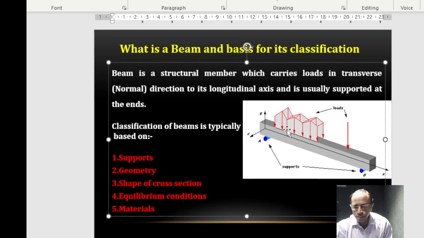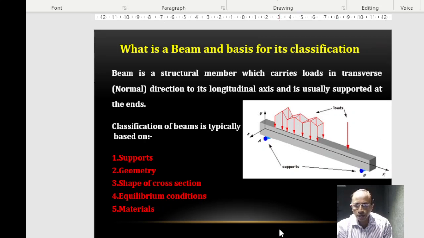And if it carries loads in a direction perpendicular, or transverse, to the longitudinal axis, then in simple words, you can define a beam as a structural member which carries loads in a direction perpendicular to the longitudinal axis of the member.